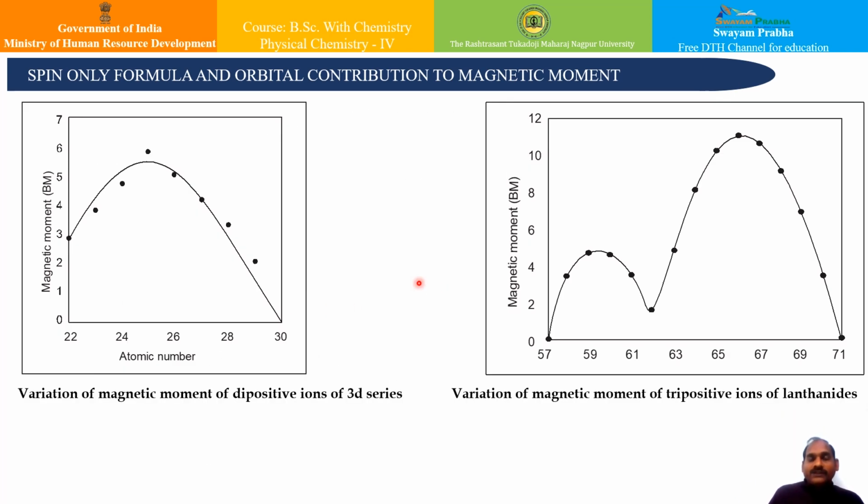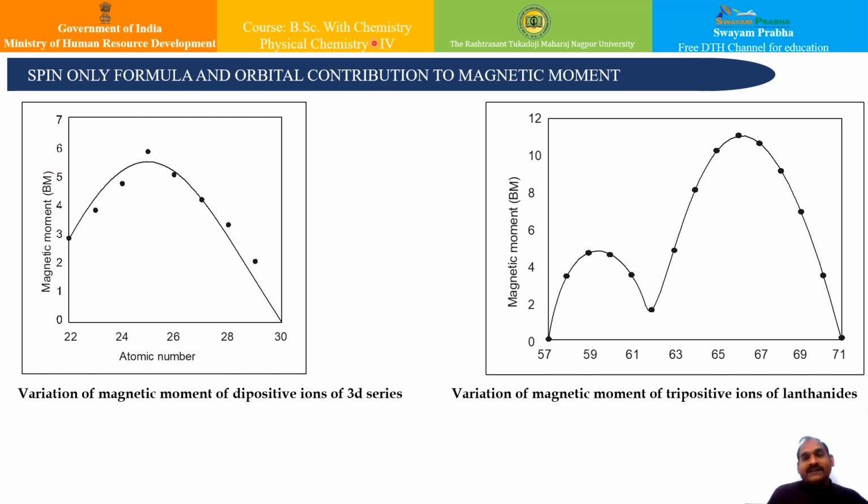Now it is also worthwhile to mention here that due to the quenching of orbital motion of metal orbitals by ligand orbitals in complexes of the 3d series, the elements which have 3d orbitals, the magnetic moment of dipositive ions increases with the number of electrons up to manganese 2 plus, isn't it?